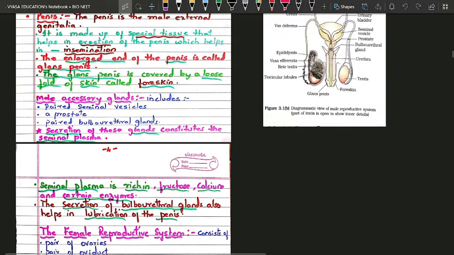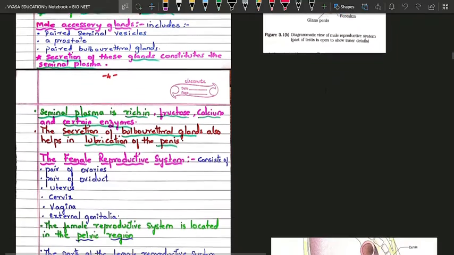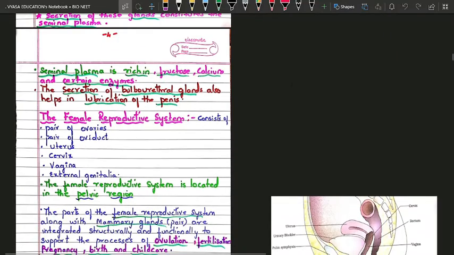Seminal plasma is rich in fructose, calcium and certain enzymes.